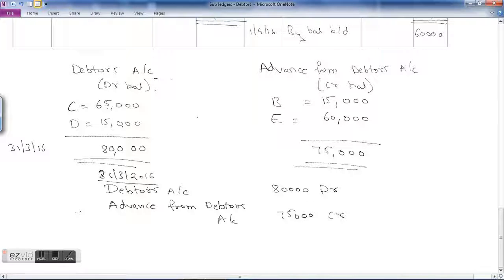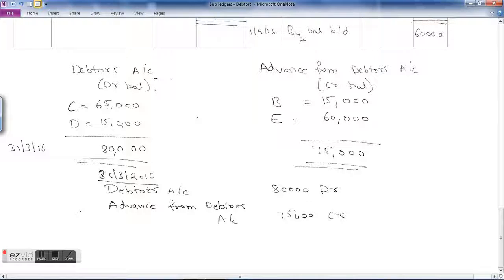So as we have seen, subledgers are individual debtors' accounts, and subsequently they are grouped as debtors or advance from debtors depending on the nature of the balance at the end of a particular period. Now the purpose of preparing the subledgers is that while preparing a balance sheet or trial balance, it's not practically possible to represent the account of each and every debtor.